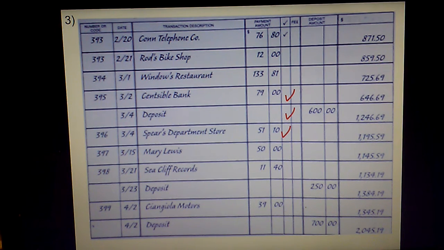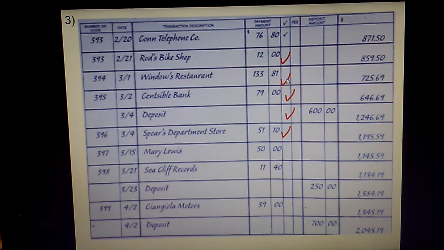Next thing on the statement says a withdrawal, check 393 for $12. So go to my register, check 393, $12, gets a check mark. Next thing on my statement is a withdrawal, check 394 for $133.81. Check 394, $133.81, gets a check mark.